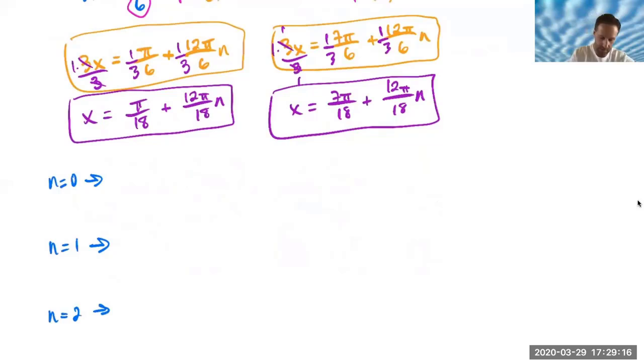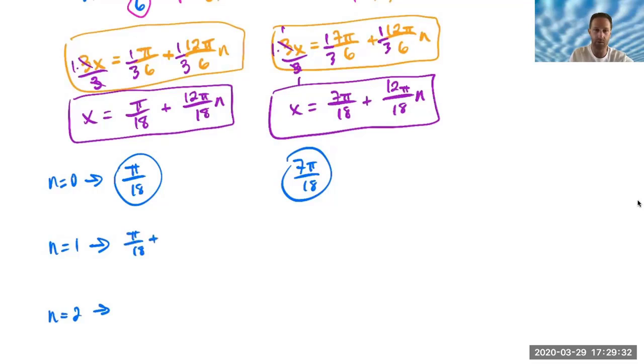So in this case, if I add 0, I just get pi over 18 for x. This one over here, 7 pi over 18. But for this one, I'm going to have to take the pi over 18 and then add 1 revolution, which we rewrote it by 12 pi over 6.